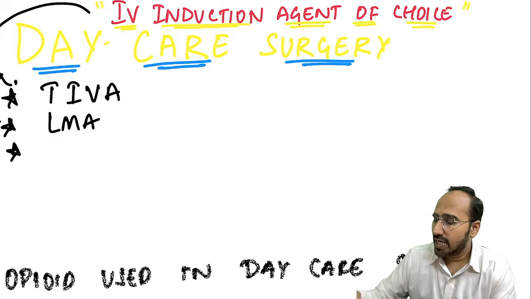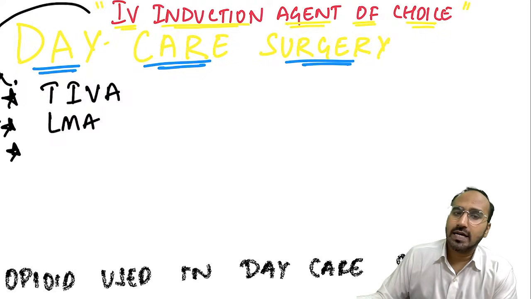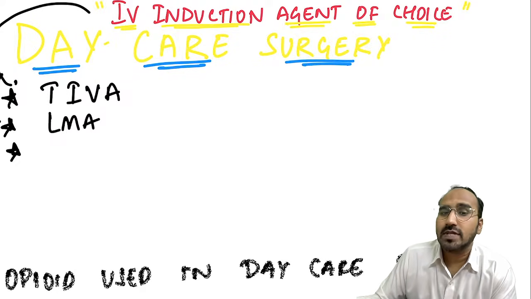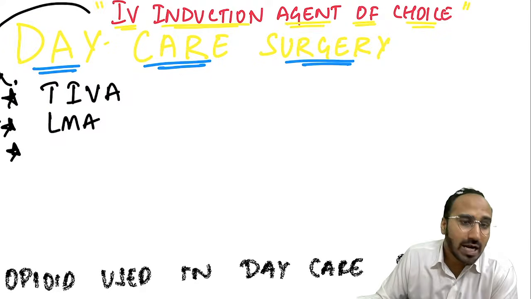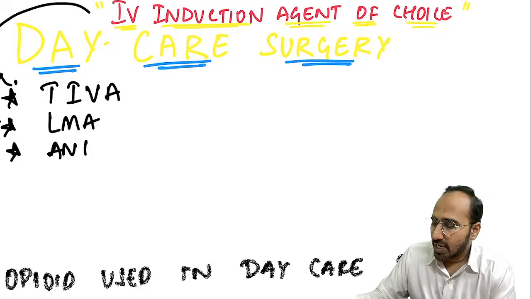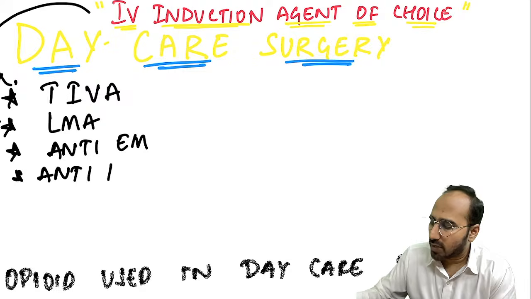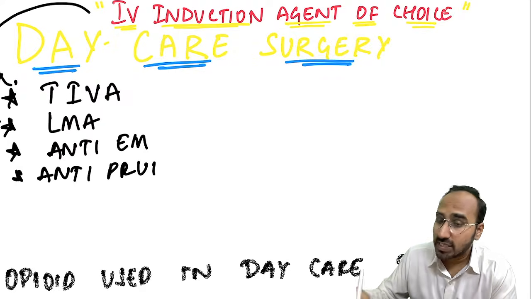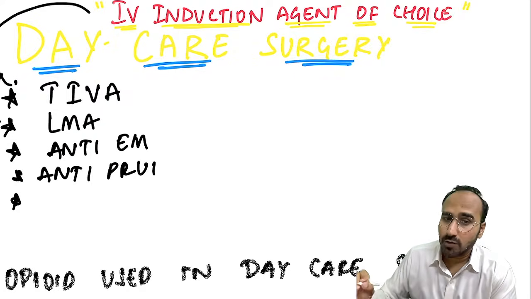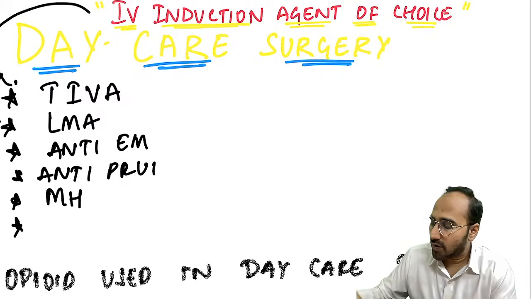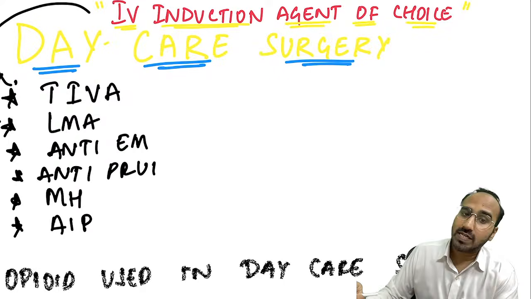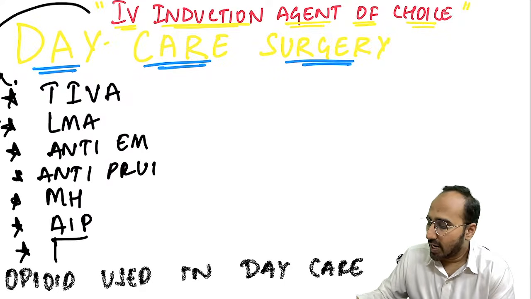Next, he will ask, will the Propofol that you give me have antiemetic and antipruritic property? You will tell yes, it has antiemetic and antipruritic property. Propofol can also be safely given in malignant hyperthermia, in acute intermittent porphyria, and in liver disorder.